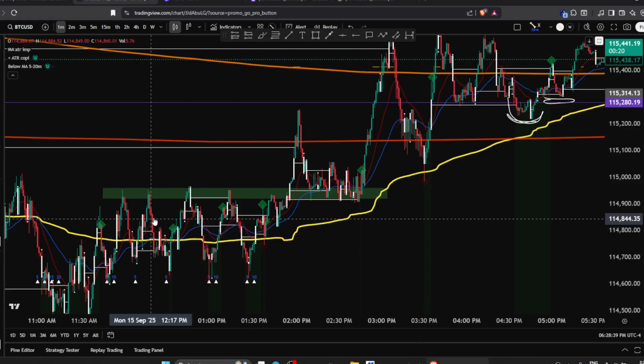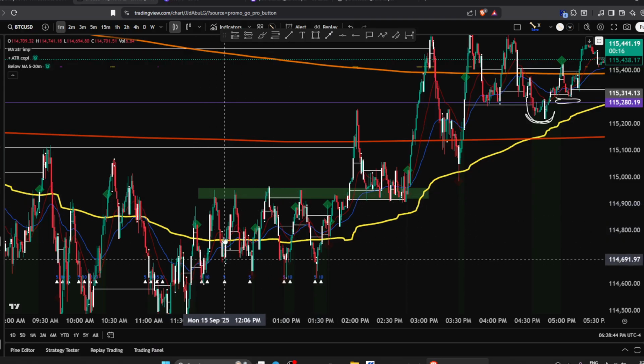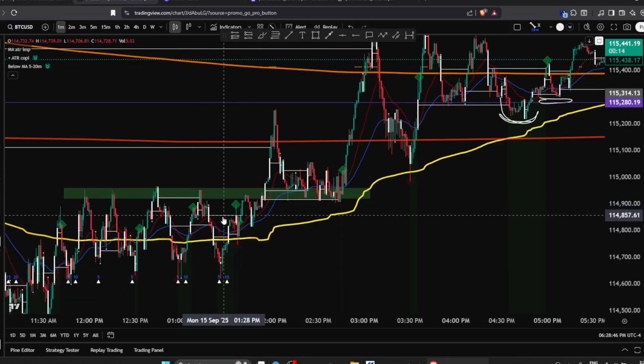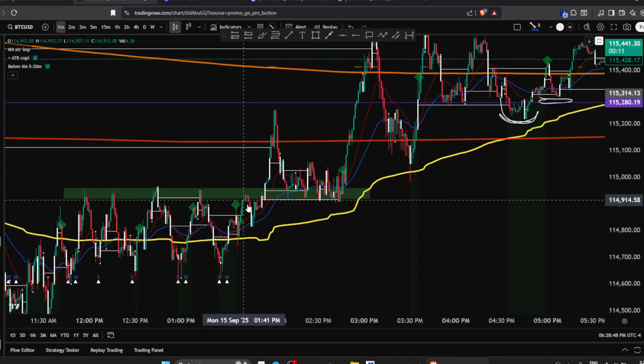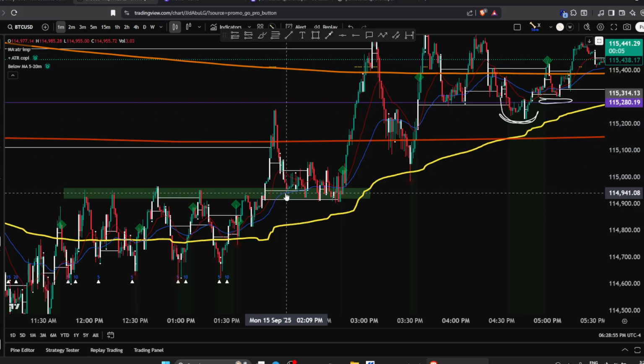Yeah, and then there's other times, like in this example here, the market's ranging, going up and down, sideways, and then breaks above here, and then comes back down, and then starts to retest off of this top of this ranging area.